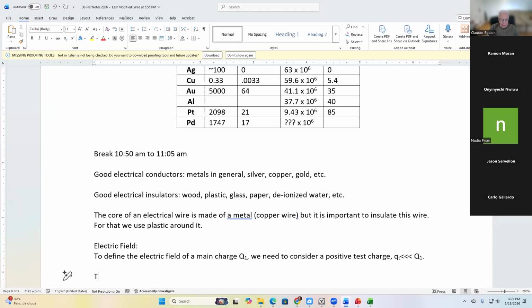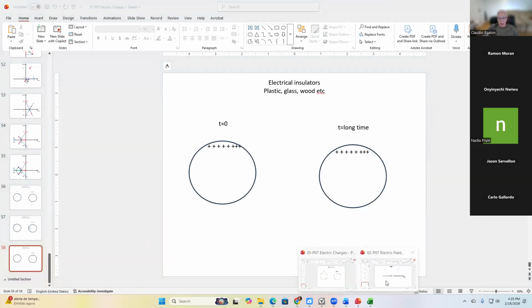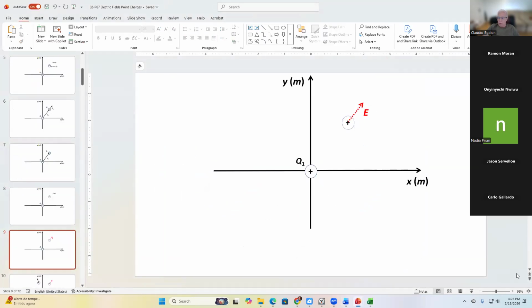Recall that the electric field is the electric counterpart of the gravitational acceleration or gravitational field. There's another name for the gravitational acceleration: you can also call it the gravitational field. And we can apply the same explanation for the gravitational field.